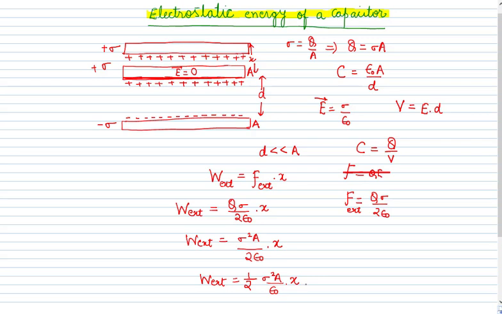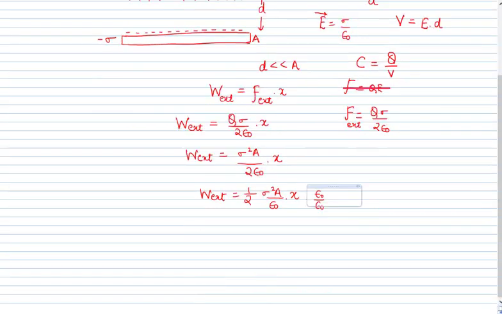The next thing I am doing is simply multiplying and dividing it with epsilon naught. So we simply get this value as, the external work done is equal to half of sigma square upon epsilon naught square, then epsilon naught A into x.